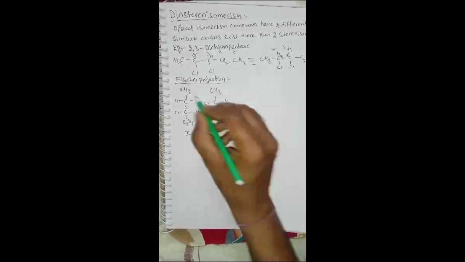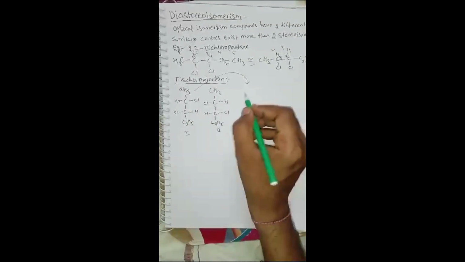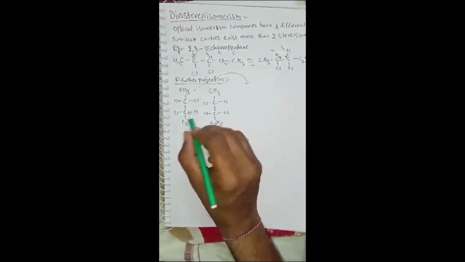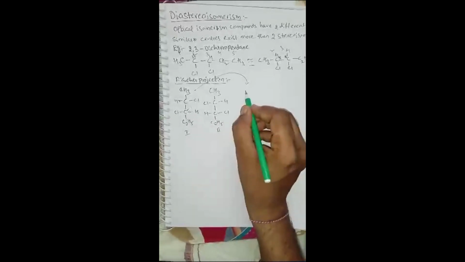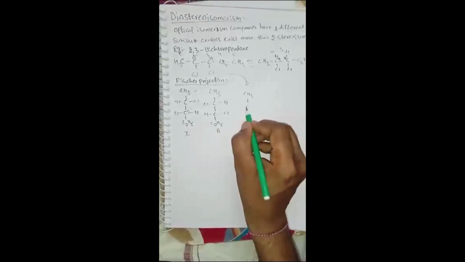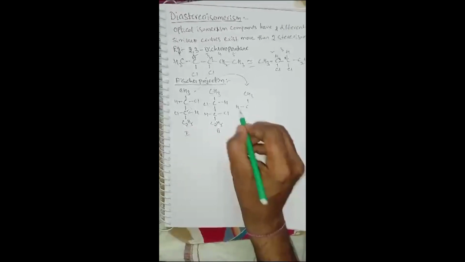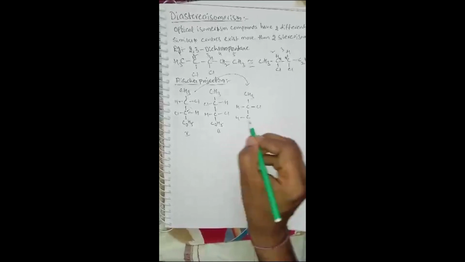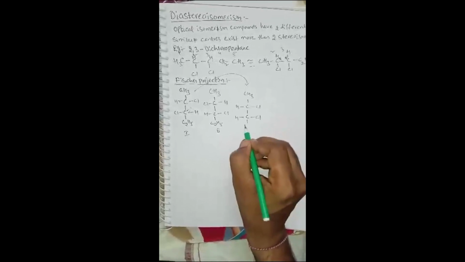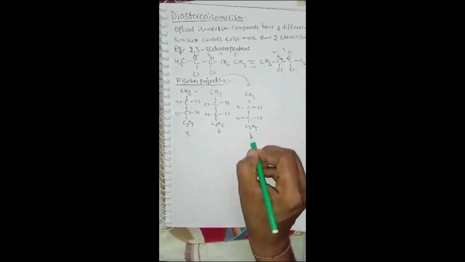Next, the second form. From the first structure, when I change the positions at the third carbon, I am writing another form of this first structure. At the third carbon I am reversing the positions of the atoms, then C2H5. So this is the third form.